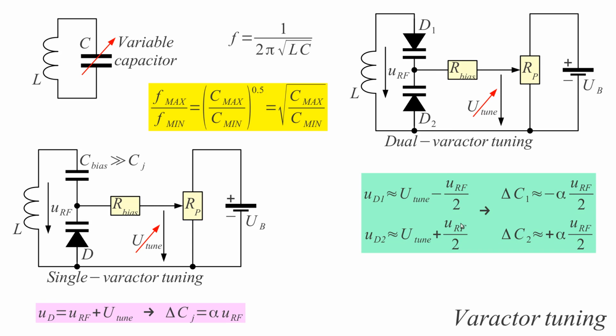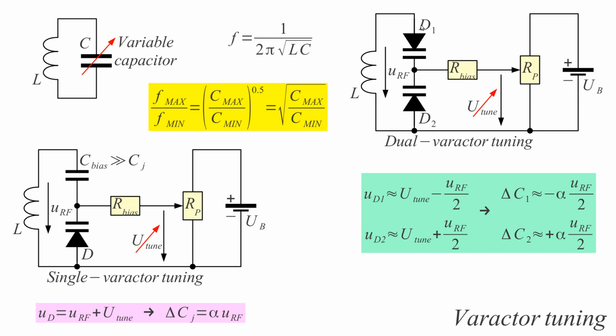In this way, if one varactor increases its capacitance, the other varactor decreases its capacitance, and this delta C actually cancels out. It does not cancel out completely, but it cancels out to a huge extent. So this is a much better solution if we don't want distortion.